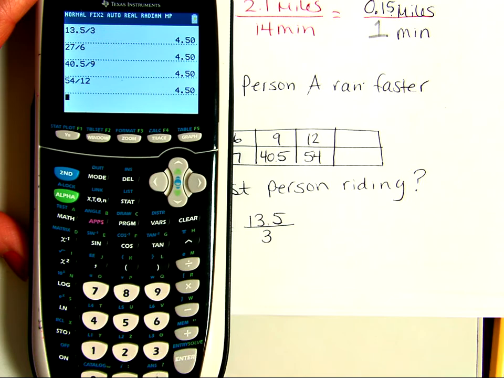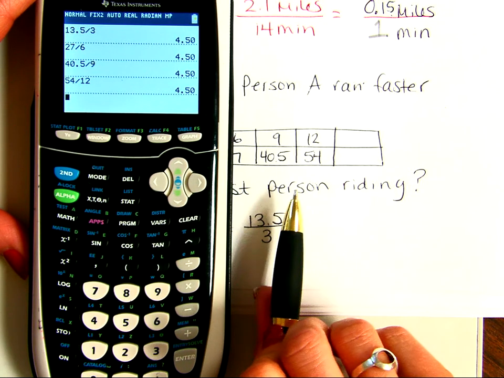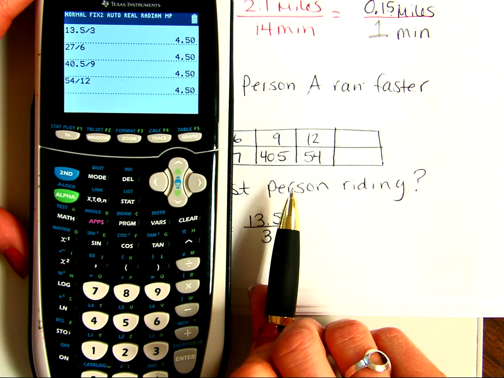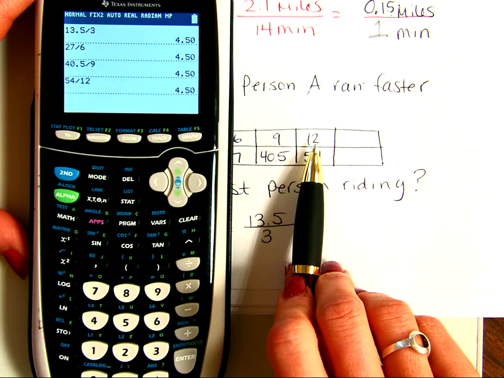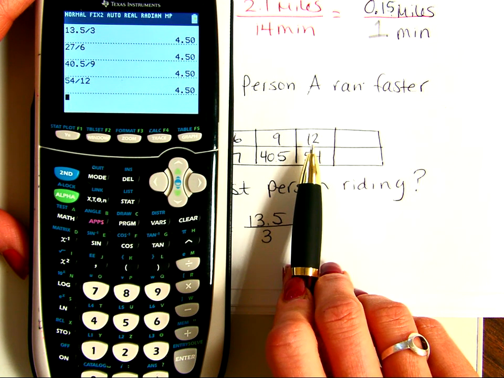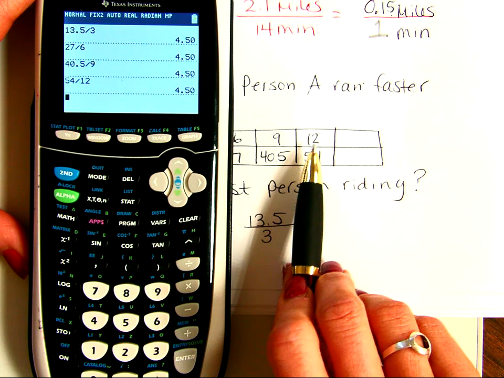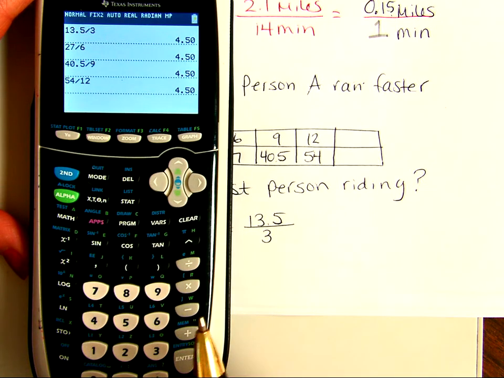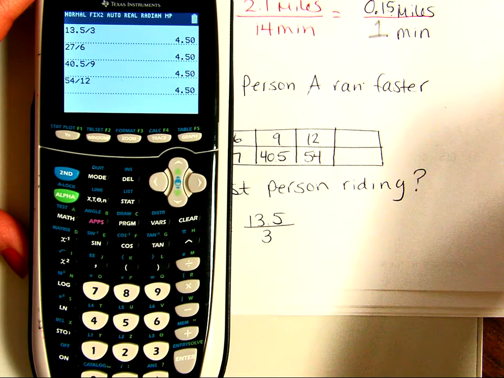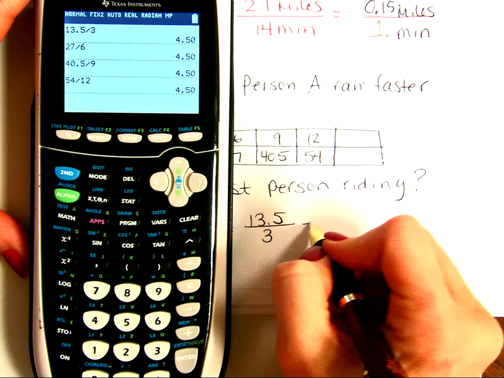Okay, so because all of those, that means that this person, and I think it would be kind of hard to do, is riding their bike for 12 hours straight at a constant rate of speed. They never go faster and they never go slower than 4.5 miles an hour. That's kind of hard to do. That's okay though. So all I asked you is how fast is this person riding?